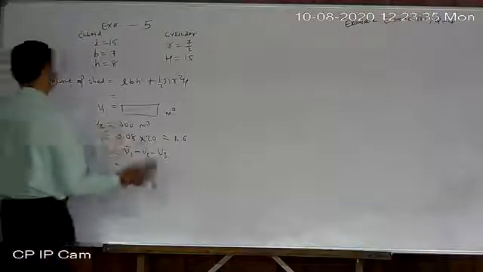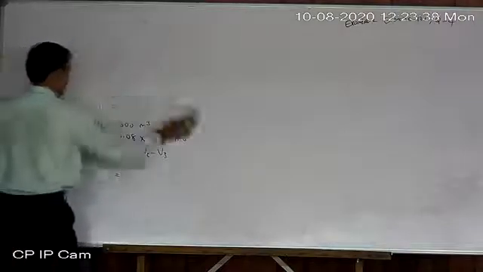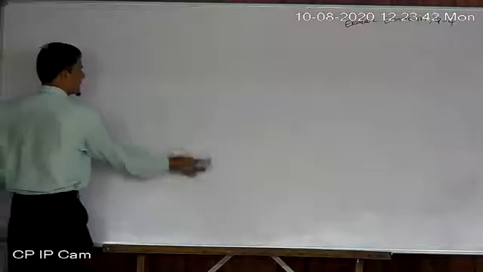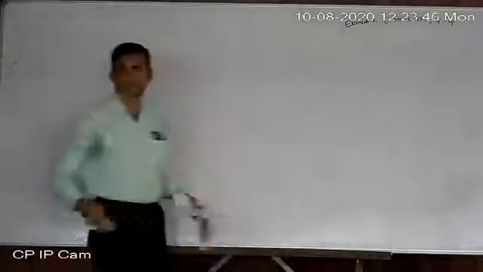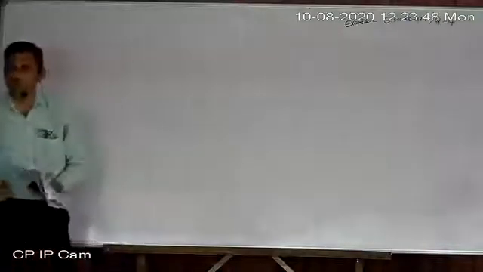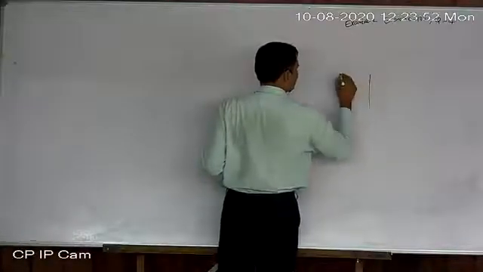Now look at number 6. In 6.1, you just look at the figure. Actually it is a cylinder, but in the cylinder, one hemispherical part is removed. So basically it is of this shape.